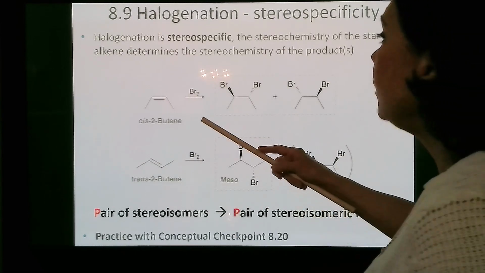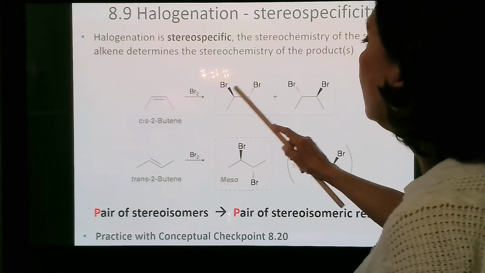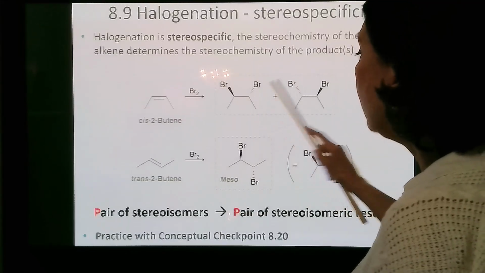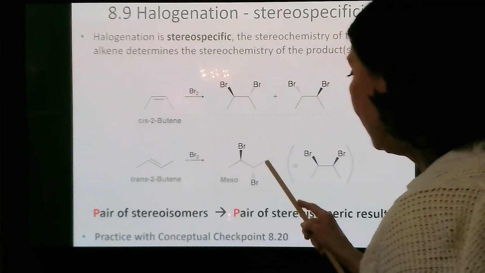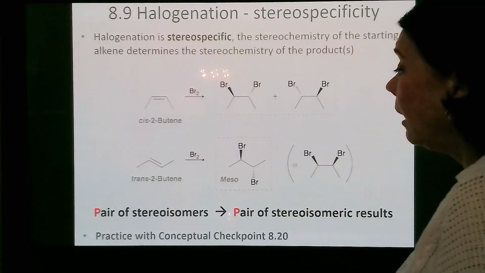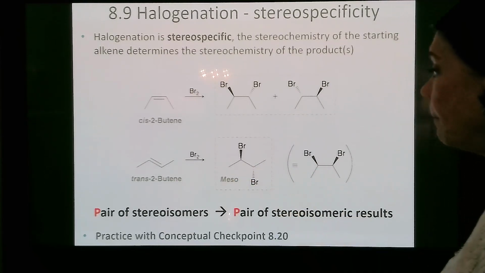Okay, so halogenation is stereospecific. So if you use cis-2-butene, you will get one product and its enantiomer. If you use trans, you get the other product and its enantiomer. But here the two enantiomers happen to be the same thing, so it's a meso compound.